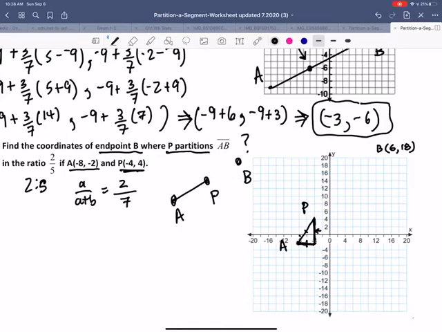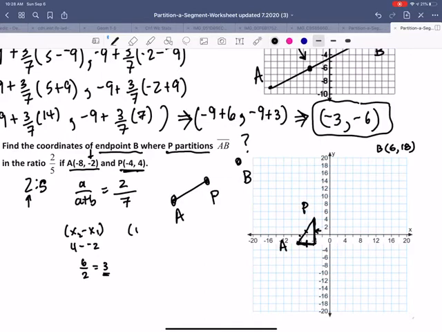So I have to use a little bit different approach, but the distance between there, I can find that out, right? The distance between my x values, 4 minus a -2 is 6. And I have to cut that first part in 2 equal pieces. So 6 divided by 2 is 3. So that's how far I went.